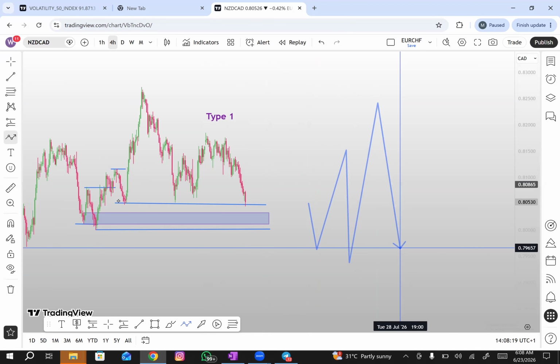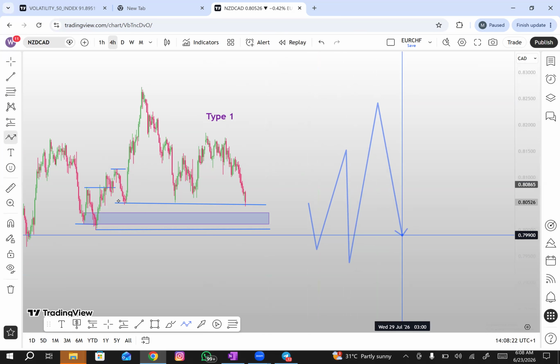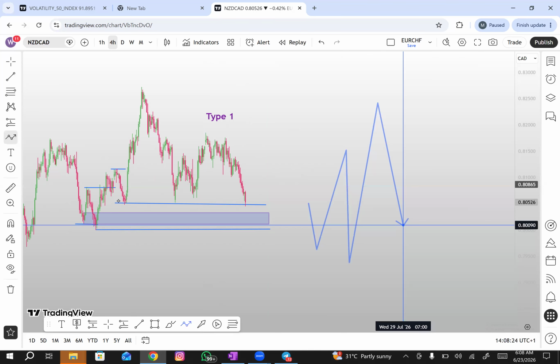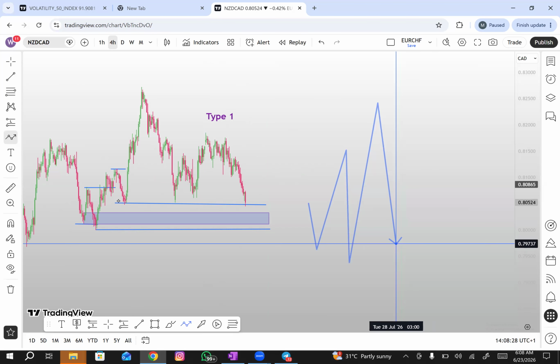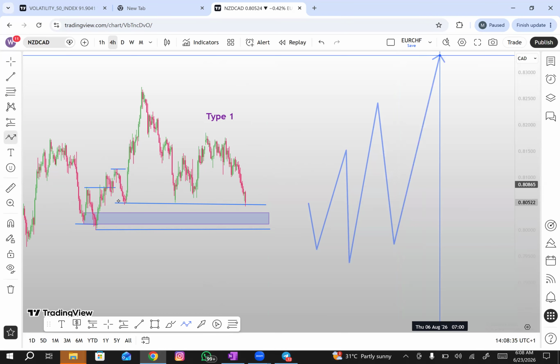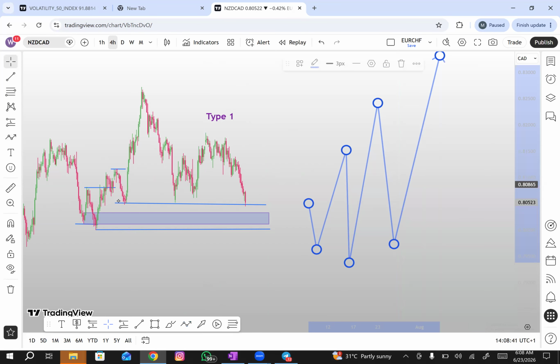But instead of this line, we use the order block that failed right here. Once price taps into it, even if it doesn't come to the line, we buy from there. We buy from there, as simple as ABC.